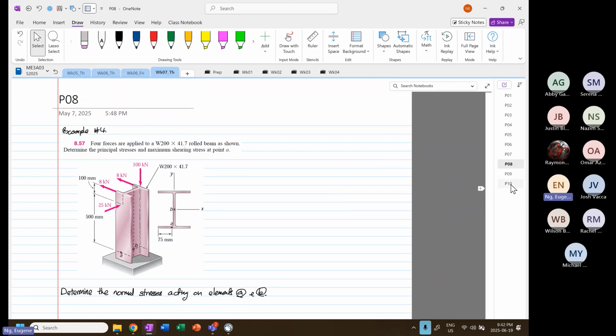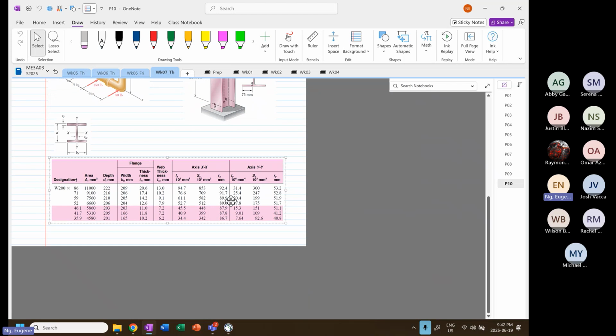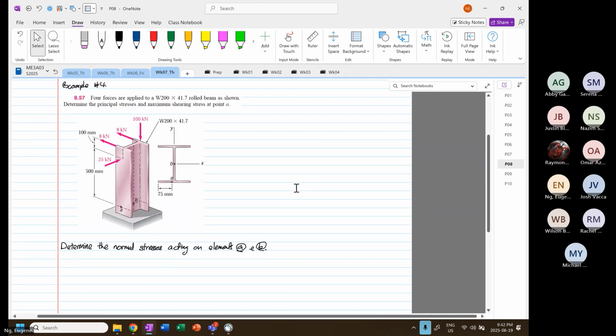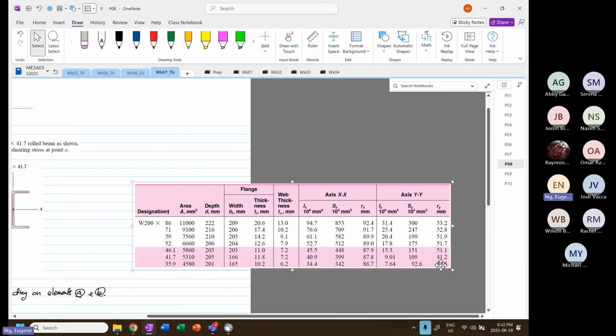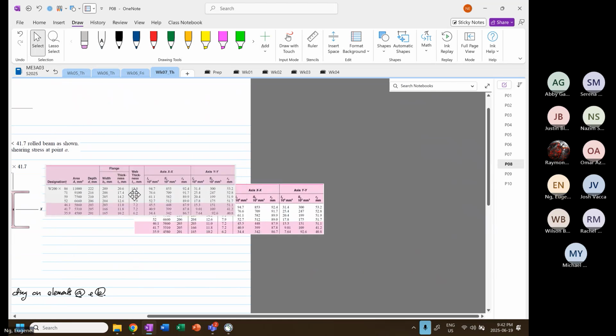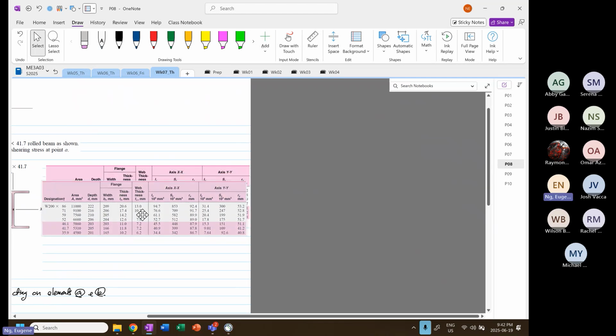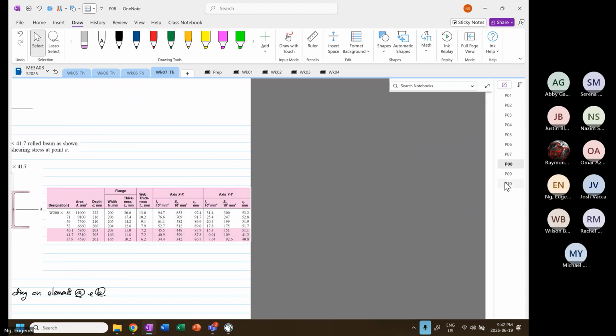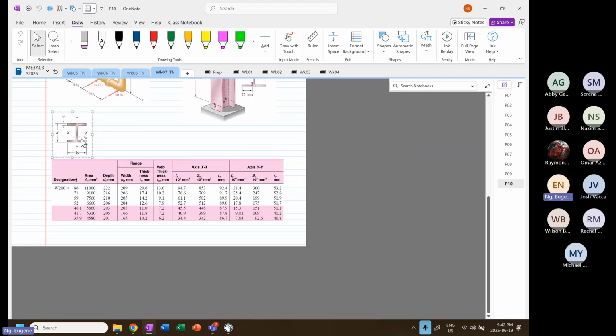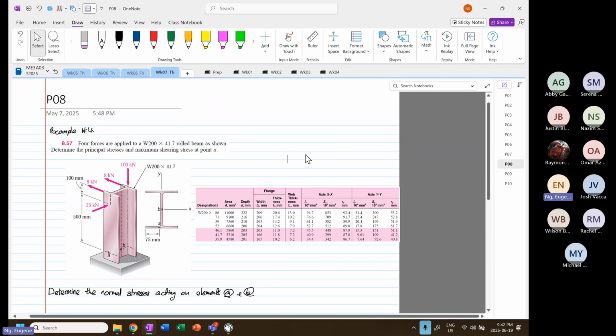And then the information regarding the beam is here. This is the information that we're given on the beam. And then on the beam, this is the diagram with the corresponding dimensions, what it actually means.